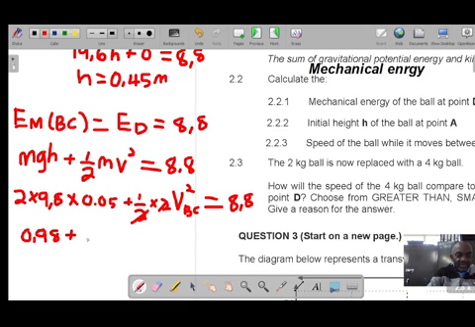So plus v squared, that means speed along BC squared, equals 8.8. So what do I do next? I'm going to say 8.8 minus 0.98, so my speed along BC is given by the square root of 7.82.